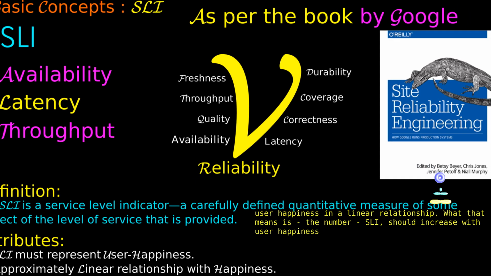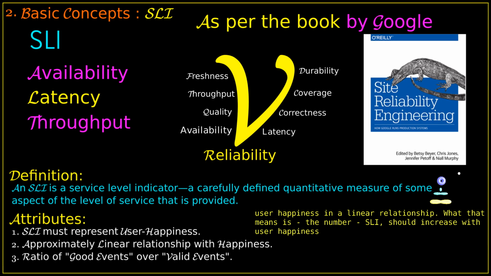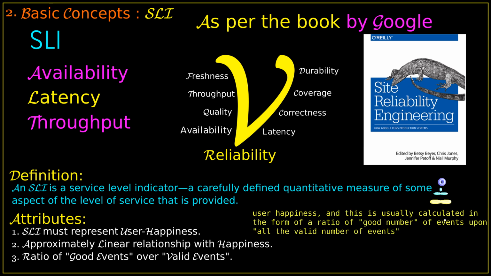What that means is the number SLI should increase with user happiness, and this is usually calculated in the form of a ratio of good number of events upon all the valid number of events.